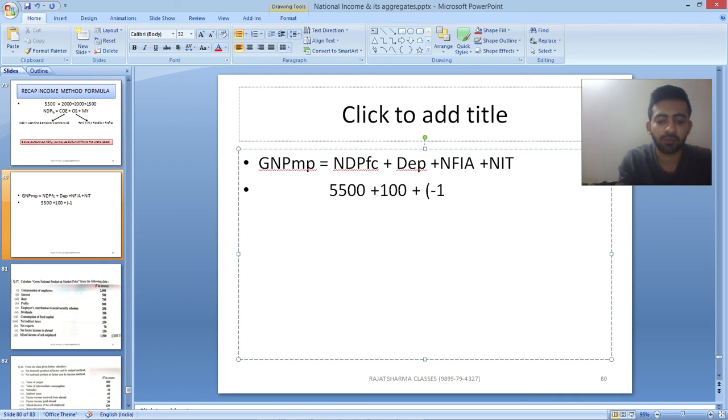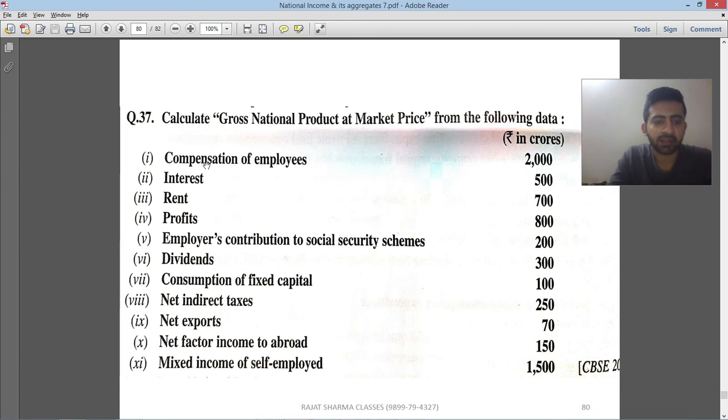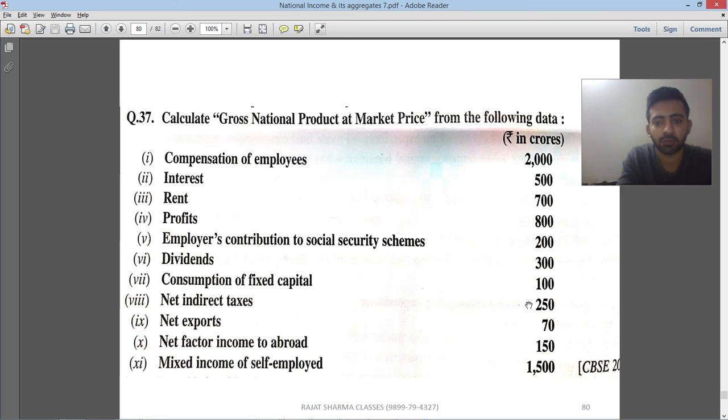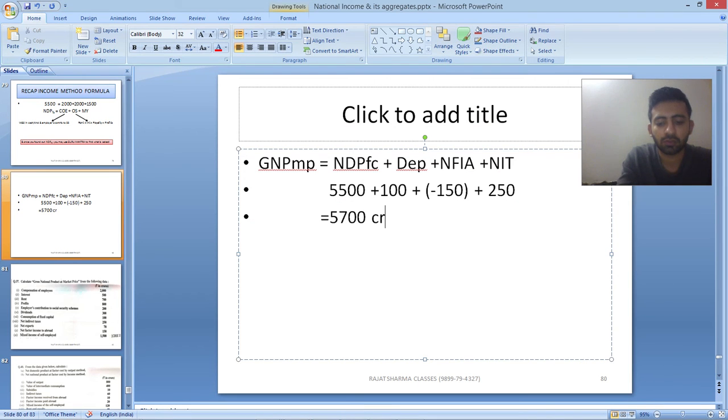And plus net indirect tax. Net indirect tax is given directly to us as 250. Right? So how much is our answer? Our GNP at MP becomes how much? 5700. And since the values are in crores, we write the values in crores. Rupees 5700 crores.